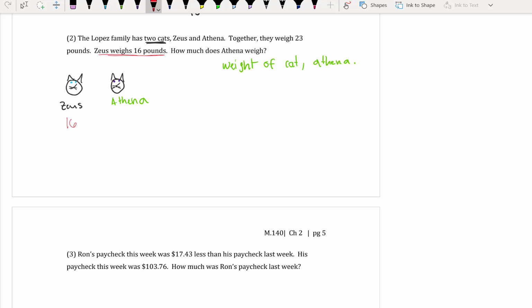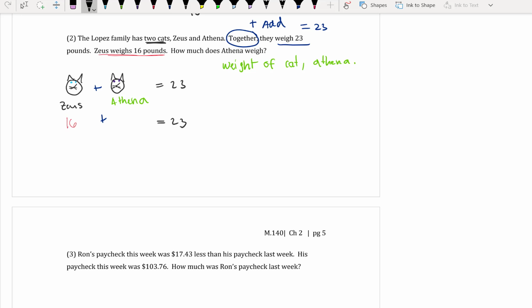And if my sentence says together they weigh 23 pounds, well, that means you add them together. And when you do, it's going to equal your 23 pounds. So the weight of Athena and the weight of Zeus added together is going to give you 23.